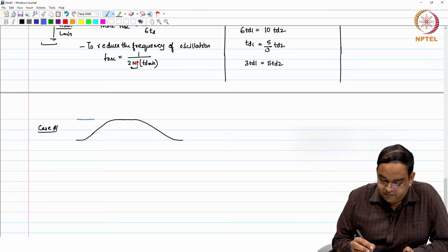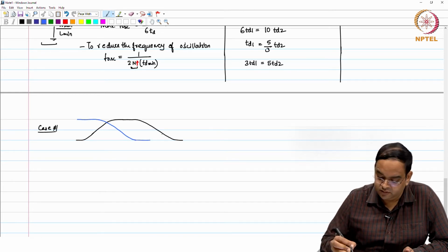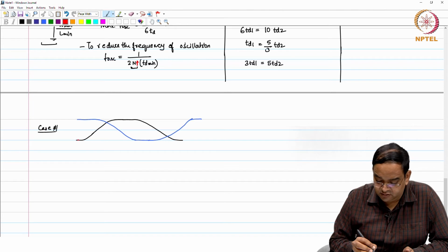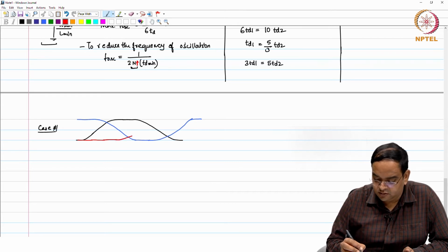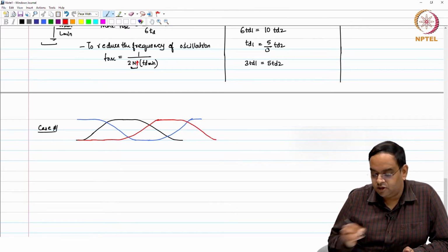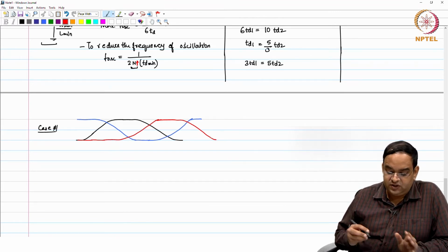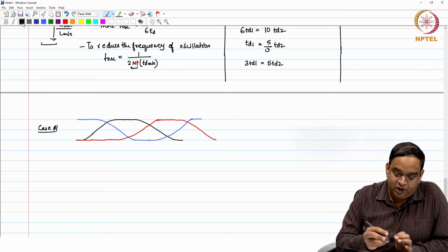Just a waveform, so please do not worry about this. You will see the clock waveforms at the 3 nodes something like this, with a larger rise and fall time.